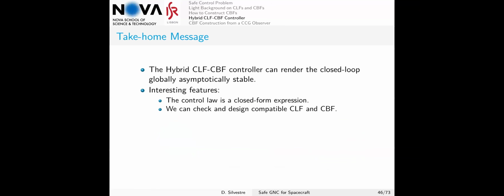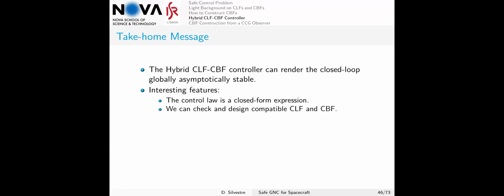The take-home message from these parts is that you can render the closed loop globally asymptotically stable, so you can avoid those points of undesirable equilibrium at the boundary of the obstacle, if you are a little bit clever in how you design this switching for your hybrid control. The other interesting feature is that we always kept the control law in a closed-form expression, an algebraic expression.